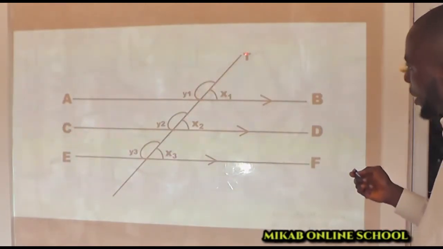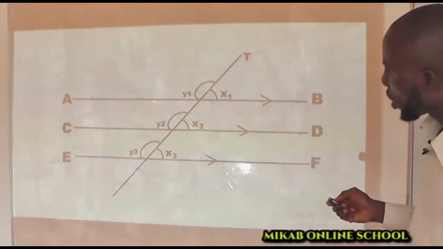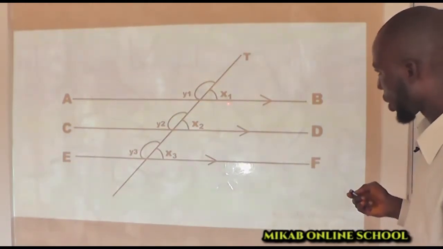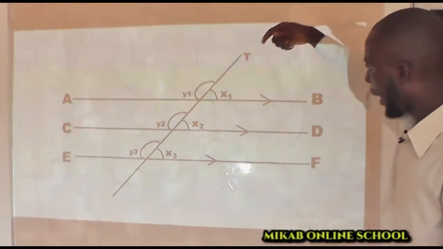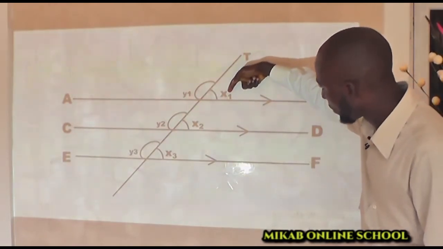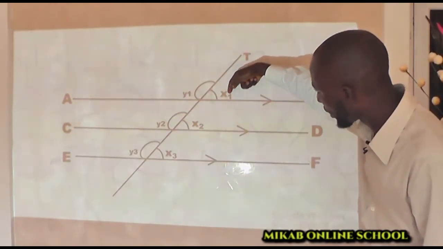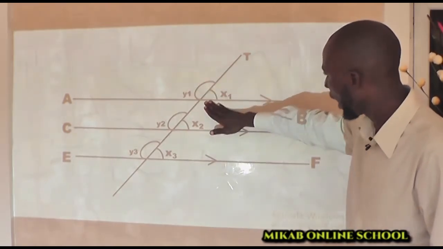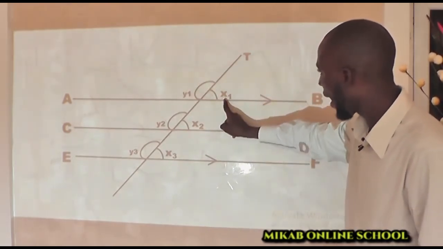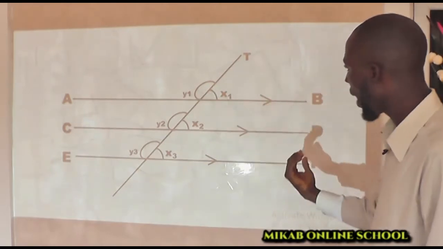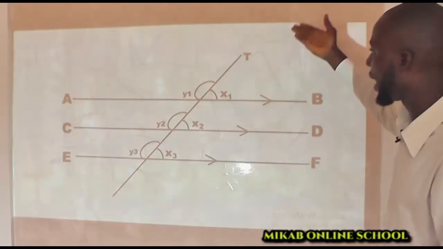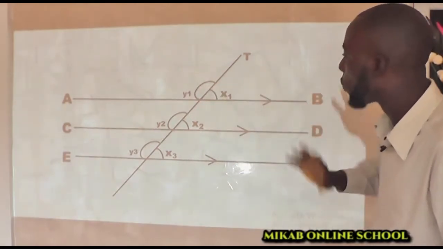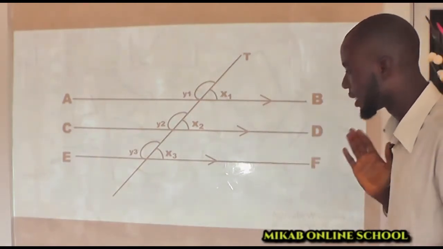What the adjacent angle is talking about is this x1 and y1. If you consider x1 and y1 and compare it to a straight line angle, the summation of the two must equal 180 degrees.